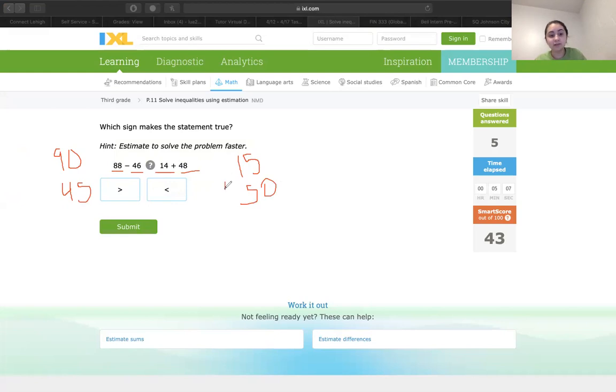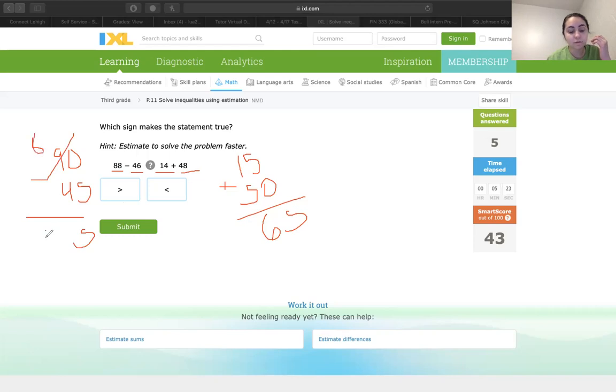Okay, if we're adding these two numbers, we would have more or less 65. And these two, if we're subtracting, we would have more or less 45. So what's more or less bigger? 85. So we know this is bigger.